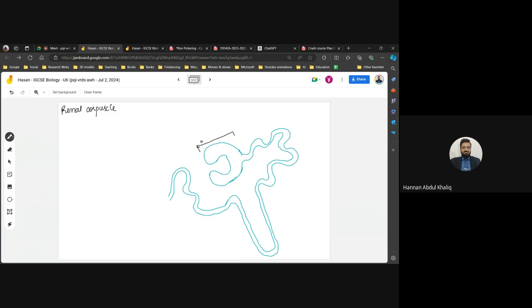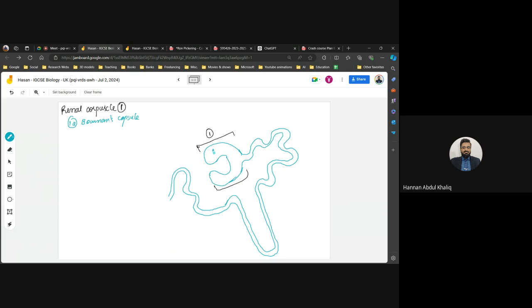This is the renal corpuscle, only this region. It has two subparts. One A is called the Bowman's capsule.